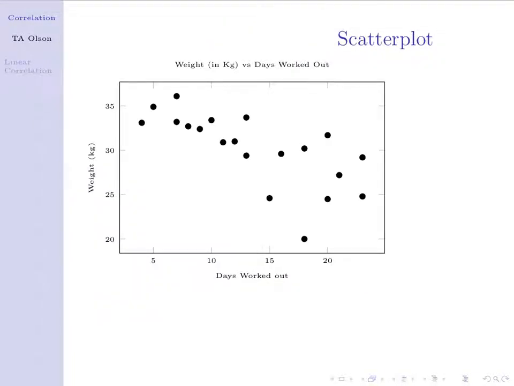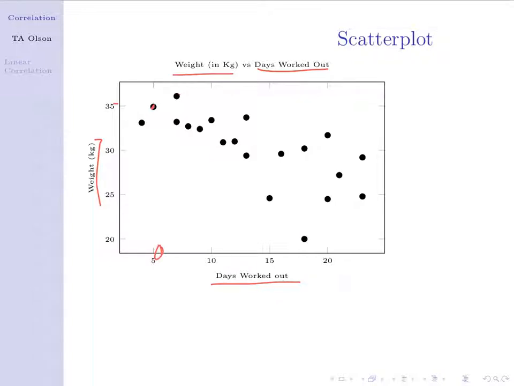All right, so here's our graph, weight in kilograms versus days worked out. We put days worked out on the x-axis, the weight in kilograms on the y-axis, and the dots represent each month, right? So in this month, she had a mass of about 35 kilograms and worked out about 6 times, maybe 5 times, somewhere in here.